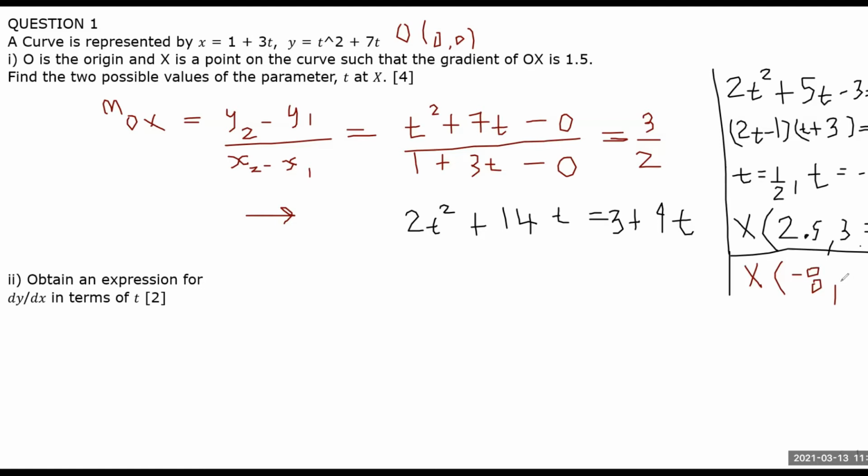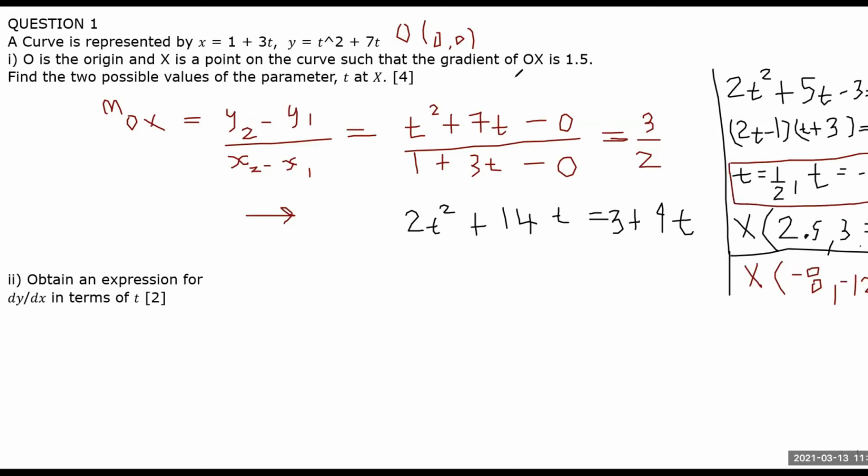And you might say, sir, why are you doing this? I'm going to show you that the gradient from the origin to these points is 1.5. These are the answers for t, and I'm just verifying that the answer is true.